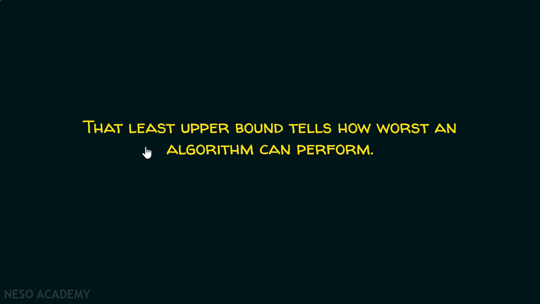So we can think of the least upper bound as the worst case time complexity of the algorithm. The time complexity which we are considering is f of the algorithm, but the least upper bound, which is represented by g, tells how badly an algorithm can perform. So basically this is the upper bound which tells how badly an algorithm can perform.